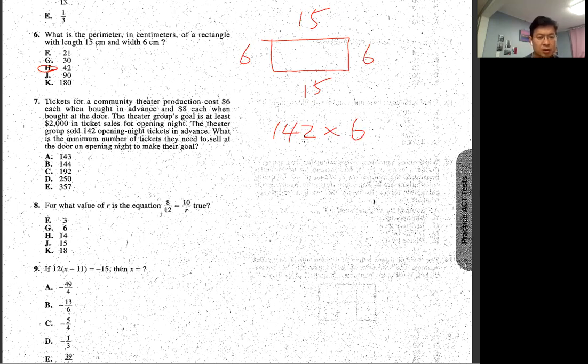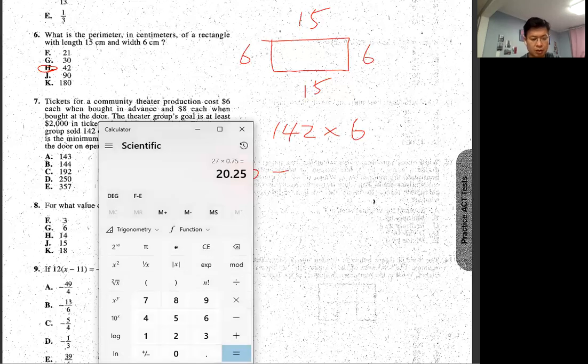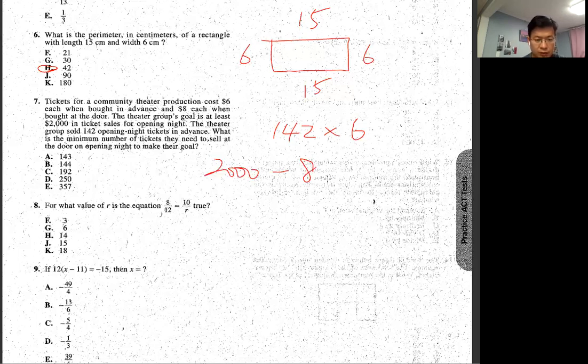What minimum number? So okay, and 2,000 minus this one. So 1148 is whatever is left that they have to sell.